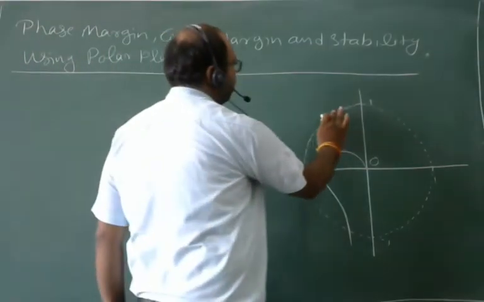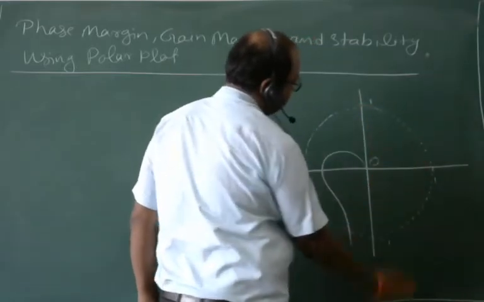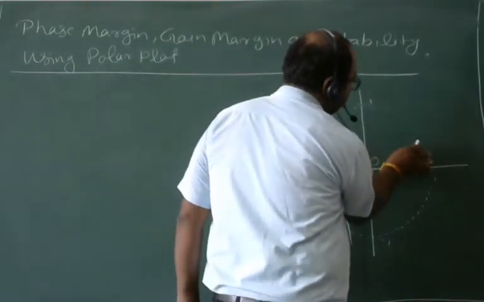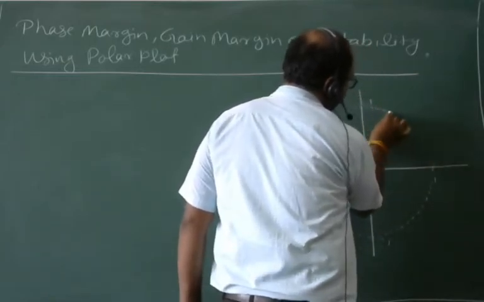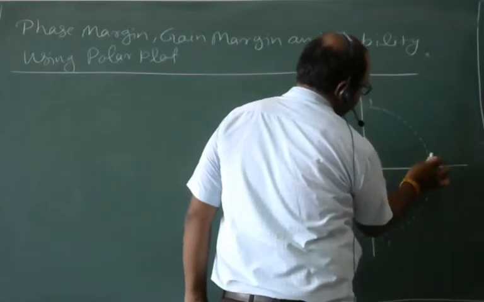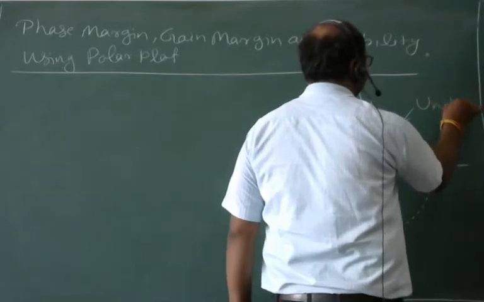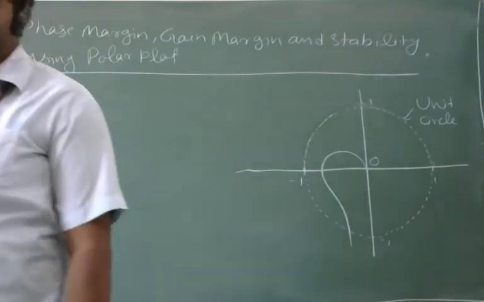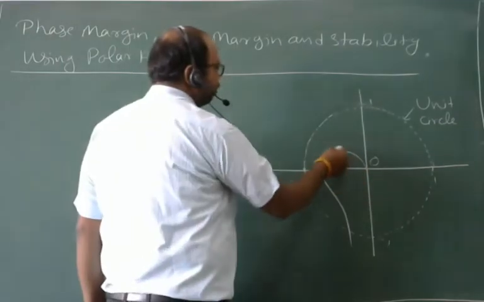I think this should be like this, right? This is a unit circle, and this is our polar plot.